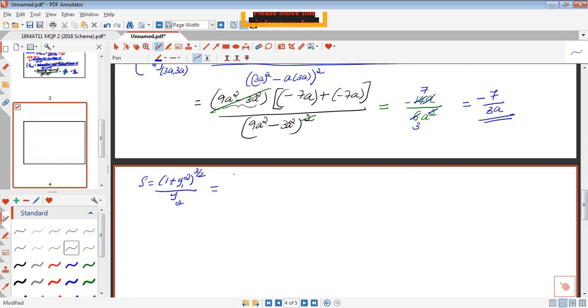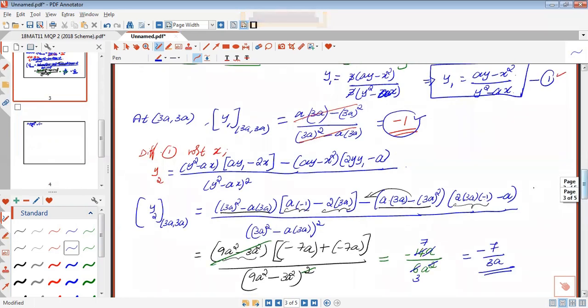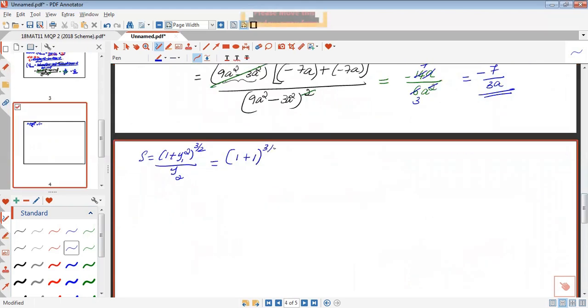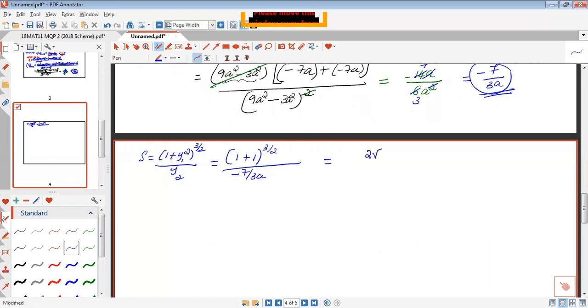On substitution, 1 plus y1 square, y1 value is negative 1, that squared, minus 1 square is 1, to the power 3 by 2 divided by the y2 value, which is minus 7 by 3a. That is (1 plus 1) to the power 3 by 2, which you can write as 2 root 2 divided by minus 7 by 3a, and the denominator of the denominator becomes the numerator, that is 3a.